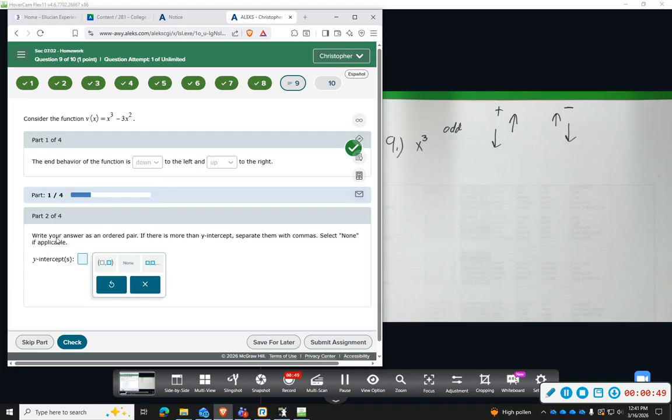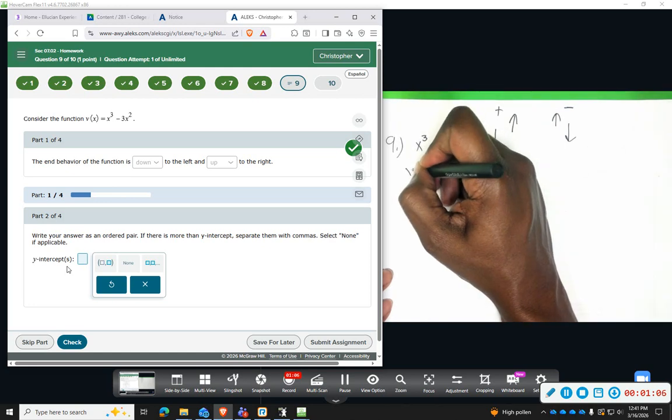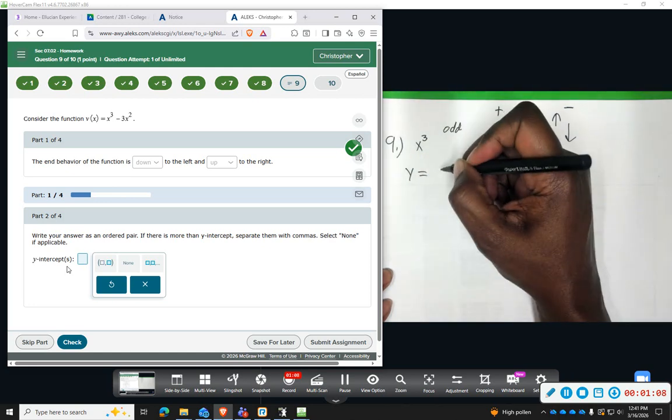It says write your answer as an ordered pair. If there's more than one y-intercept, separate with commas. So select as many answers as possible. What is the y-intercept? We're going to plug in a 0 for x. Right now it says v of x, and I'm just going to say y equals, which is the same as y.